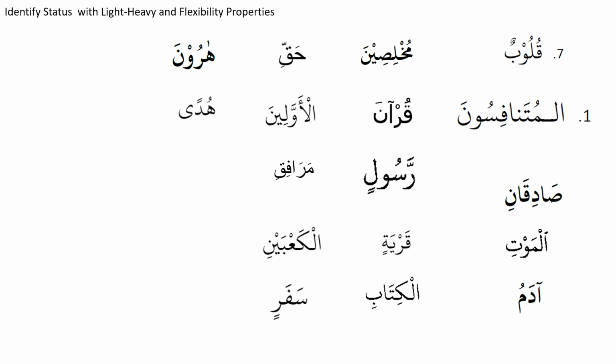MashaAllah. Okay, this is a tricky one, but let's see if anyone can answer. Hudan. Hudan means guidance. Yes, it is non-flexible. Although it has tanween, that's not the last letter. Usually tanween always goes on the last letter of any Arabic word. You can't have tanween in the middle.